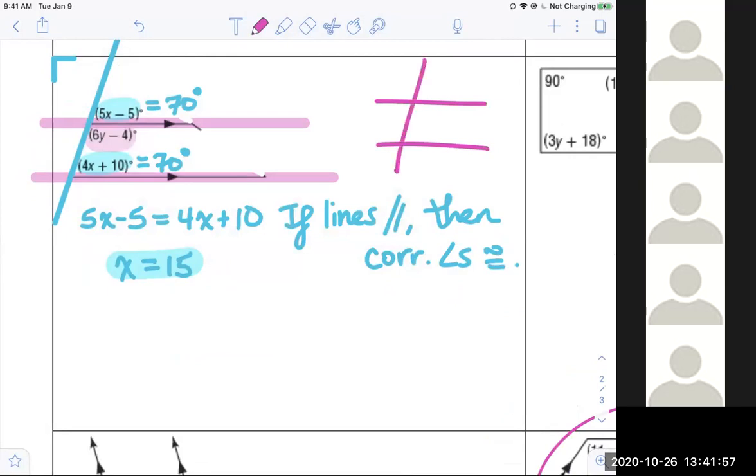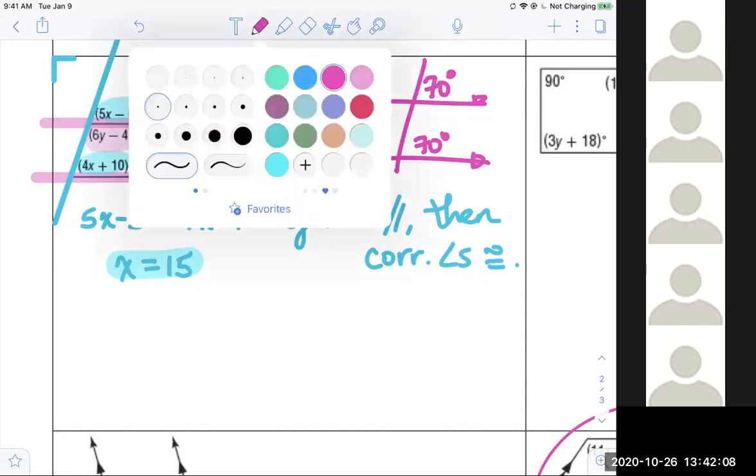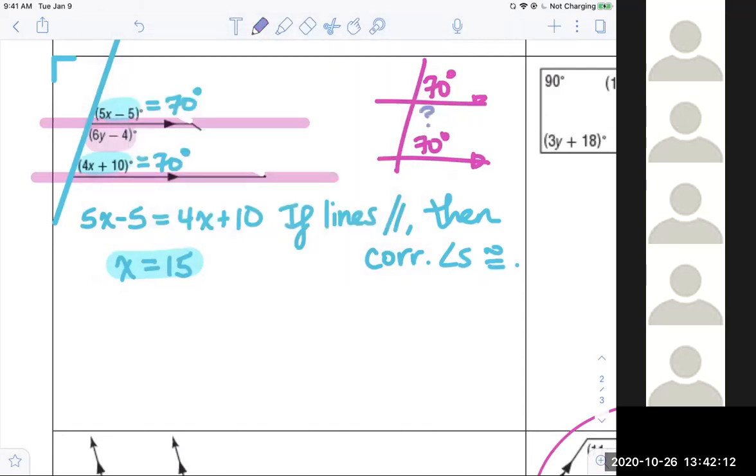Okay, let's just kind of forget about those expressions. Remember, we know that these are 70. We know that those corresponding angles there are 70 and that those are parallel. So I just need to know what this angle measure right here would be. And I don't even think you should worry about that down there.